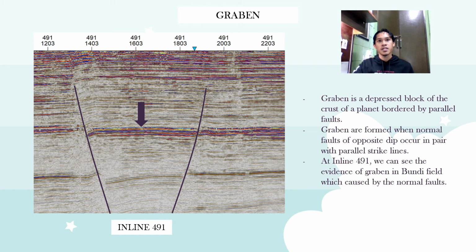Graben is a depressed block of the crust of a planet bounded by parallel faults. Graben are formed when normal faults of opposite dip occur in a pair with parallel strike lines. Then at inline 491, we can see the evidence of the graben in Bundi Field, which is caused by the opposite dipping of the normal faults.